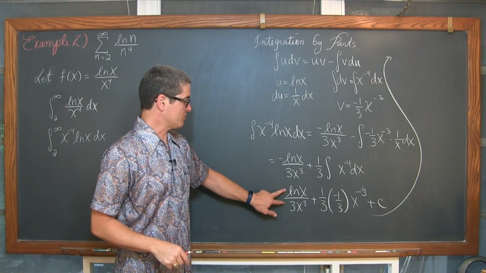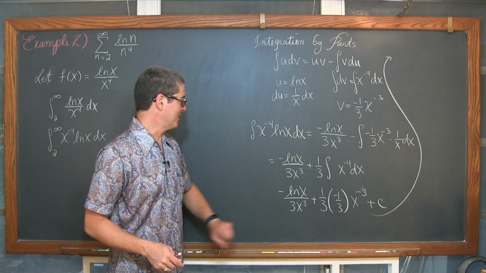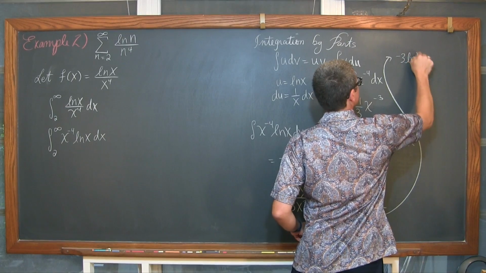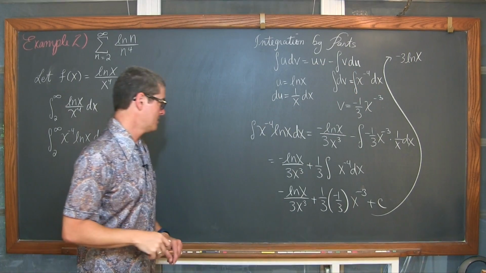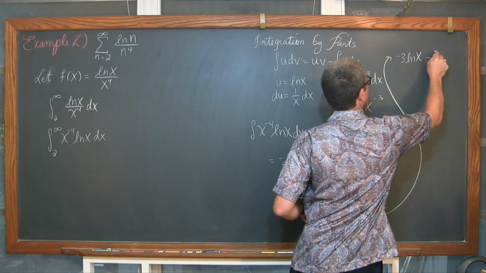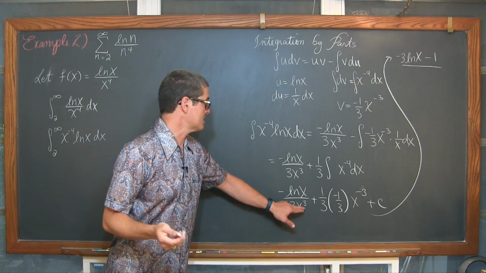So I'm going to go ahead and multiply this first fraction by 3 in the numerator and denominator, and get negative 3 natural log of x. That's going to be minus 1 over, and we have 3x to the, well, it's going to be 9 now, right?